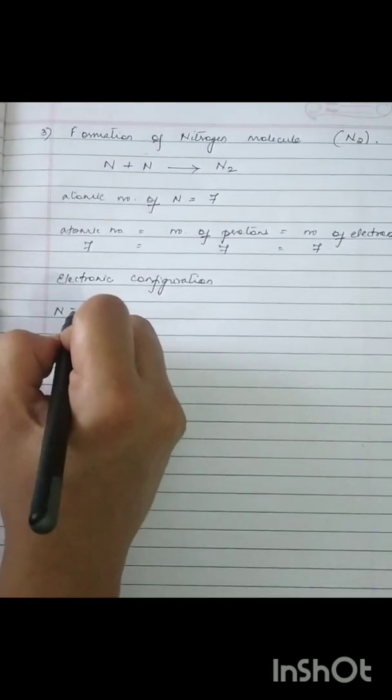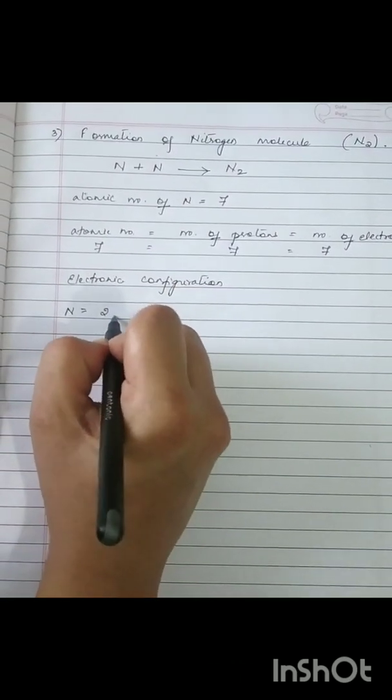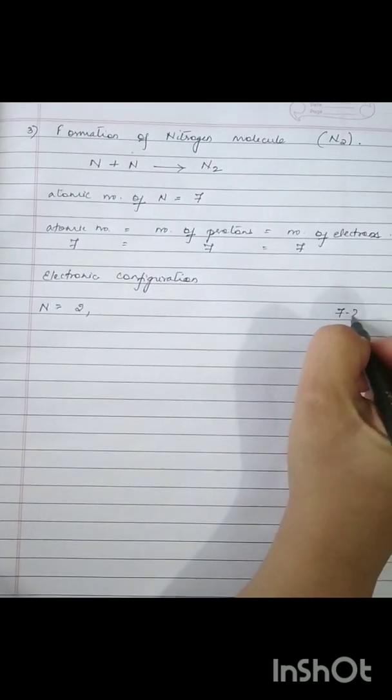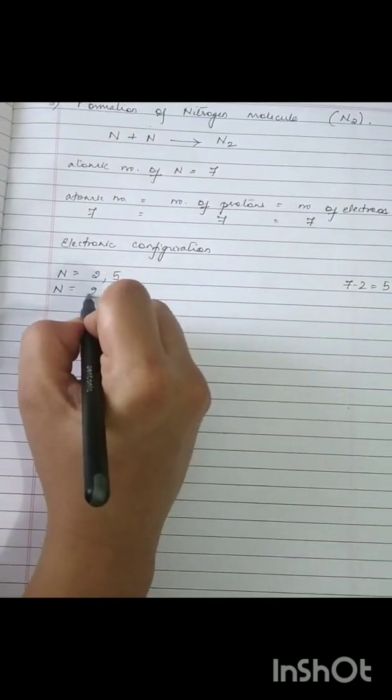So nitrogen, number of electrons 7, first orbit 2, so 7 minus 2, how many left? 5. So 5 in the second orbit. Similarly with the second atom of nitrogen also 2 and 5.